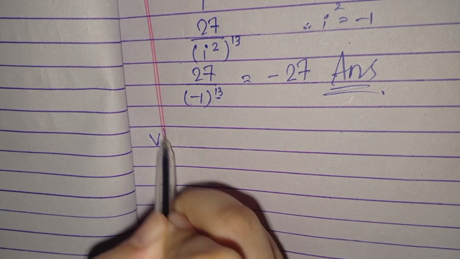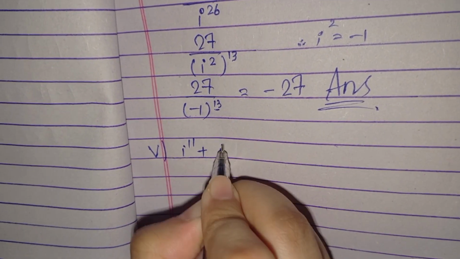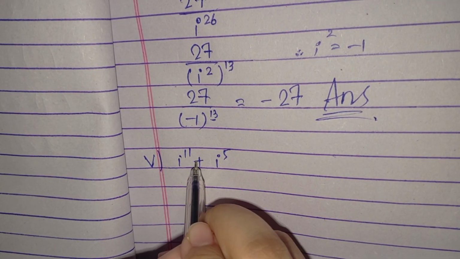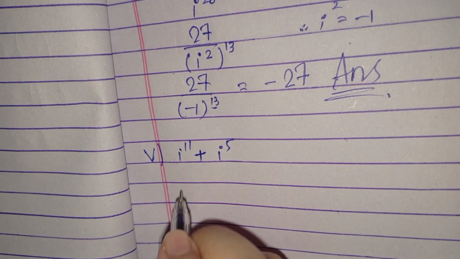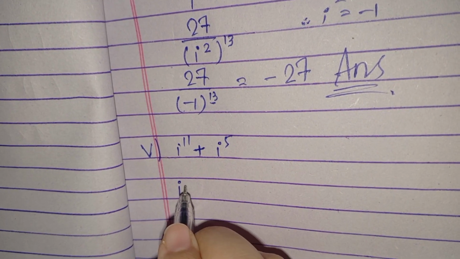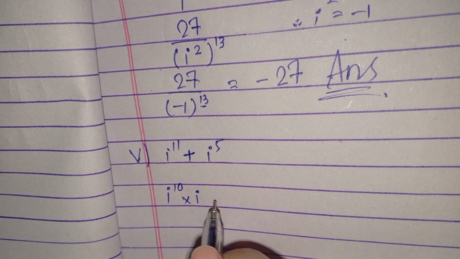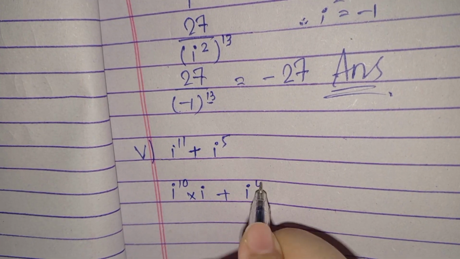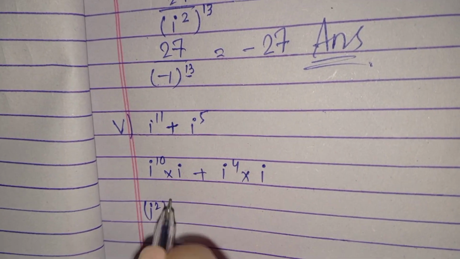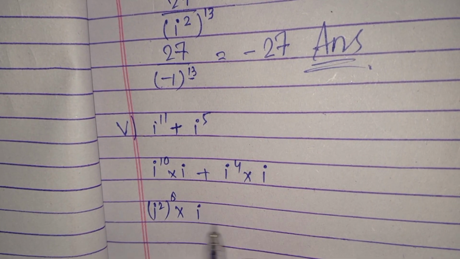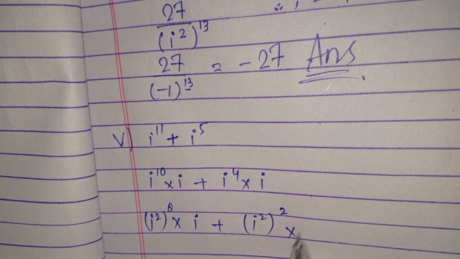Part 5: iota power 11 plus iota power 5. Now we have a sum here, so we will do both separately. Iota 11 is iota 10 cross iota, because we have to take the multiple of 2, plus iota 4 cross iota. Simply, iota square power 5 cross iota plus iota square power 2 cross iota.